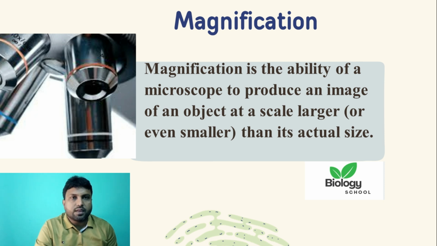Light microscopes can magnify effectively to about 1000 times the actual size of the specimen. At greater magnification, additional details cannot be seen clearly. Actually, when we see any specimen under the microscope, how many times it will be clear to us is expressed in terms of magnification.